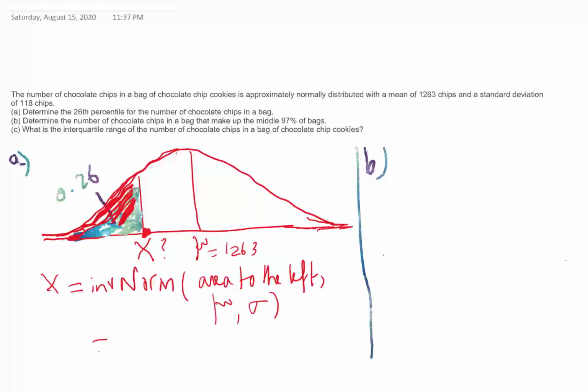The area to the left is 0.26, so it will be inverse norm 0.26, and then the mean is 1,263, and then the standard deviation is 118. And your answer for x, guys, should be less than the mean because this area is less than 50%.